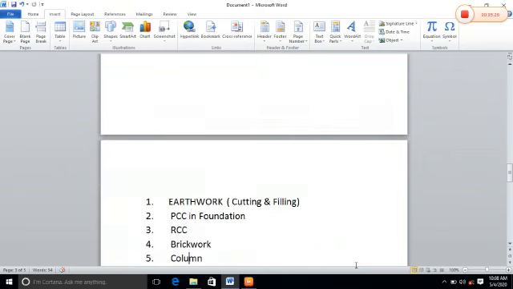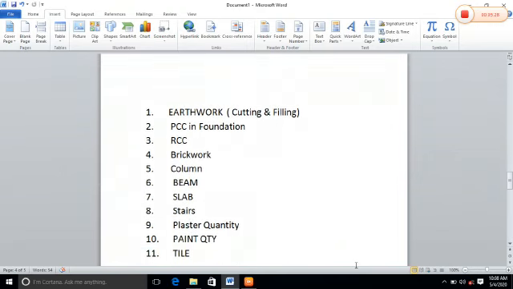In our quantity survey course, we will find the quantities, estimation, and rate analysis of these things: earthwork, PCC in foundation, RCC, brickwork, column quantity, BBS and RCC, beam, slab, stairs, plaster quantity, paint quantity, tiles quantity.